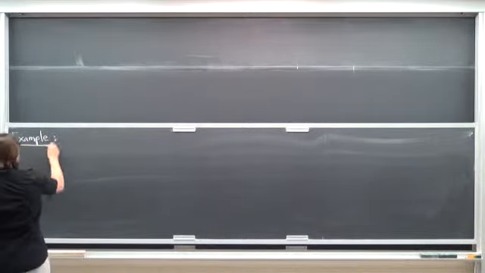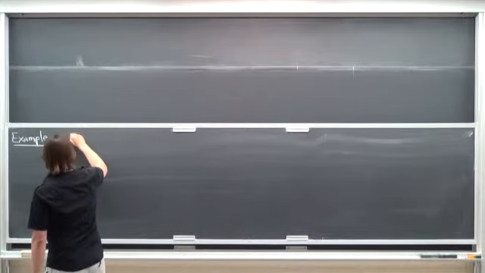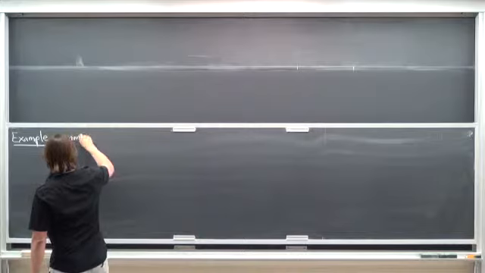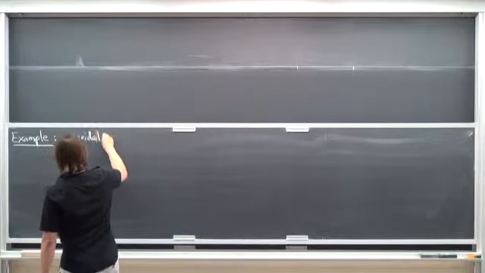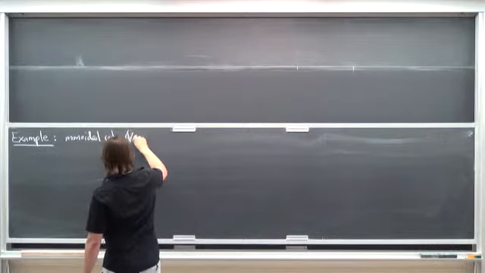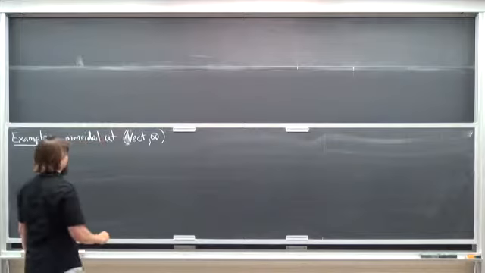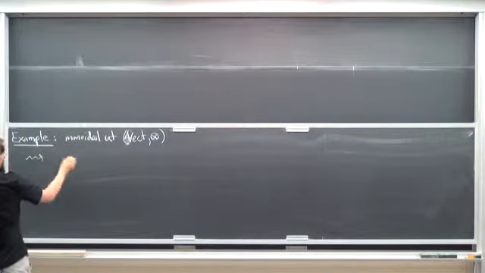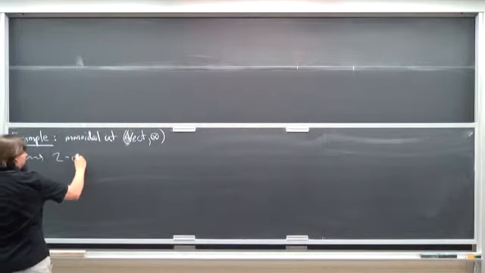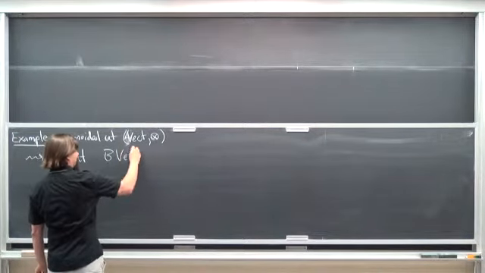One example is if you have a monoidal category, for example, vector spaces with its usual tensor product, then you can form a two-category. Call it B-vect.